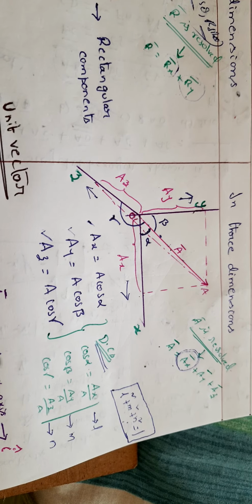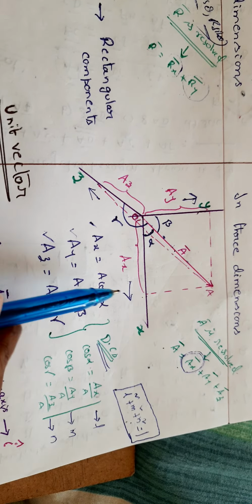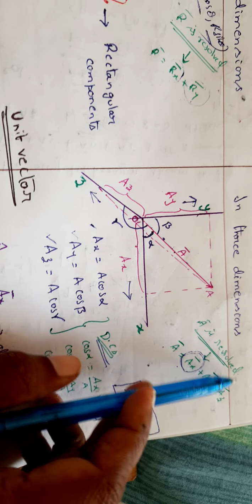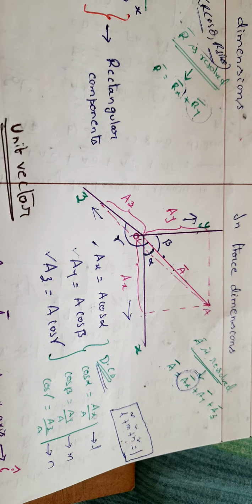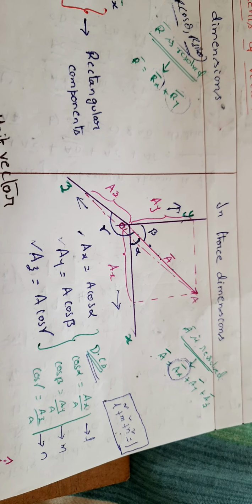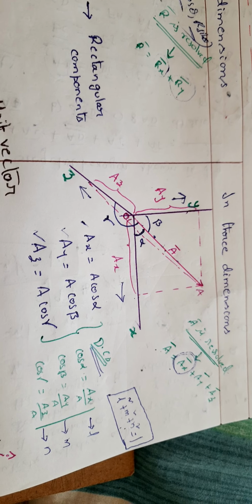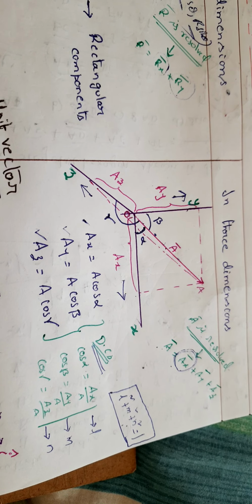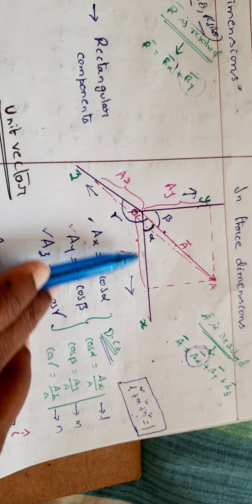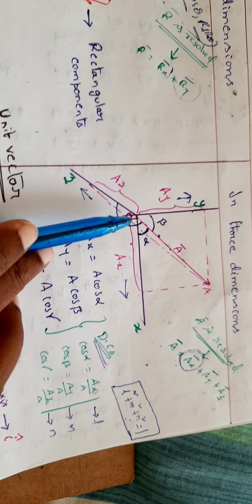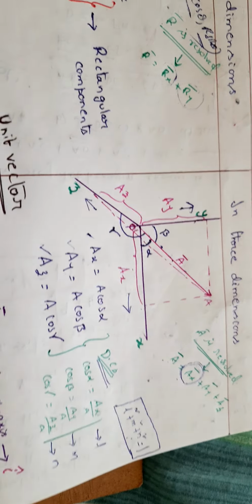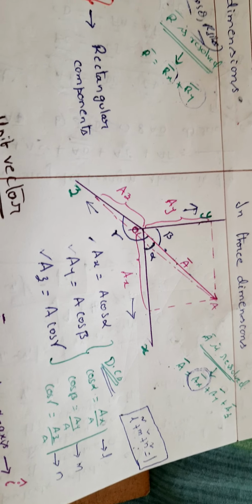So how to impart direction to these values so that on adding all these vector components you get A bar? Right now you have to remember A bar is equal to Ax bar plus Ay bar plus Az bar, where Ax bar is the vector component along x direction, Ay bar along y direction, and the remaining one is along z direction.